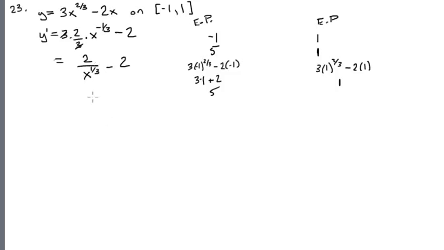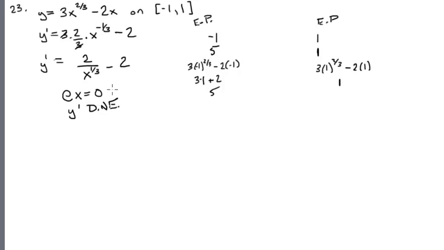Our other critical numbers are wherever the derivative is either equal to 0 or does not exist. At x equal to 0, y prime does not exist.